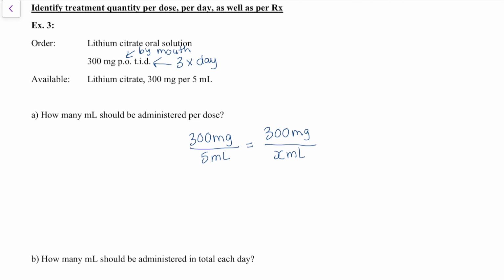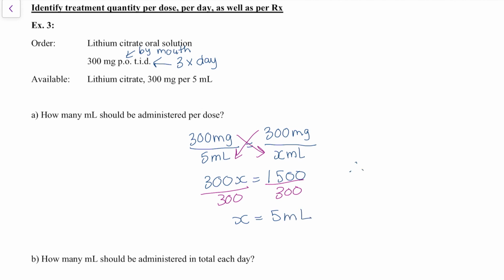Okay, I'm then going to do cross multiplication, and you get 300x equals 1500, and then we divide each side by 300, and we get x equals 5 milliliters. So therefore, they need 5 milliliters per dose.